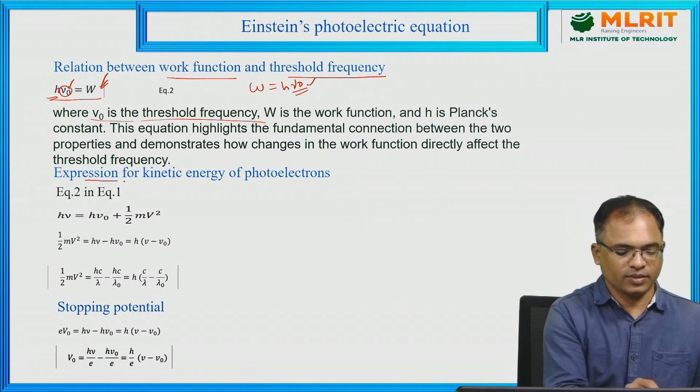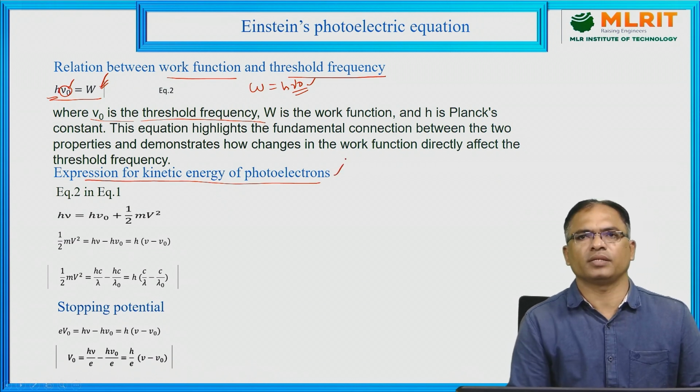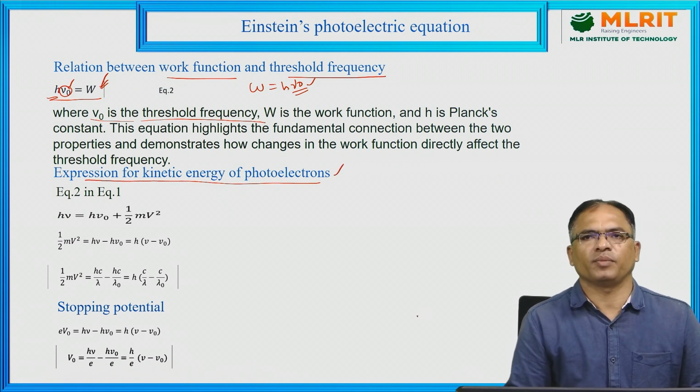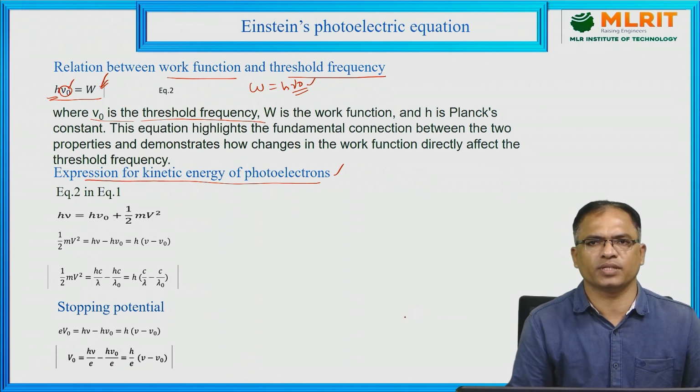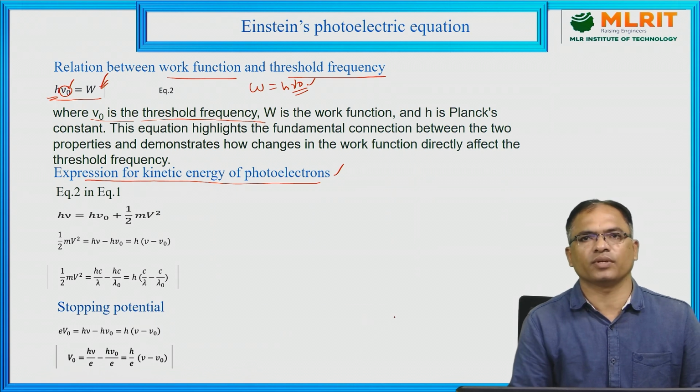Now, expression for kinetic energy of photoelectrons. So according to Einstein, electrons come from the metal surface when it is irradiated with a radiation of suitable frequency or wavelength. Then what is the kinetic energy of these photoelectrons?